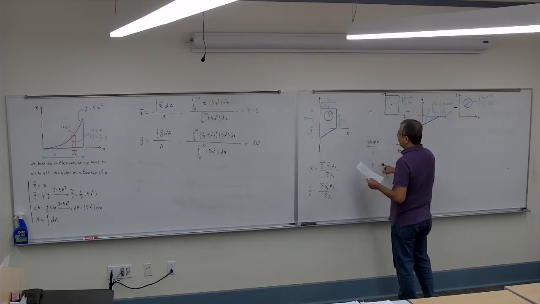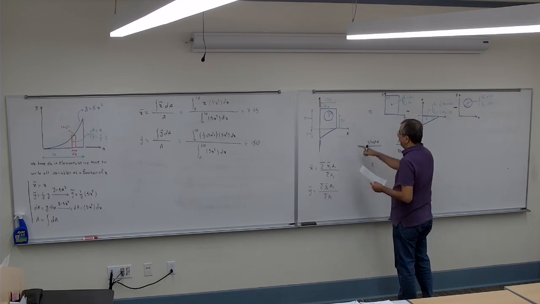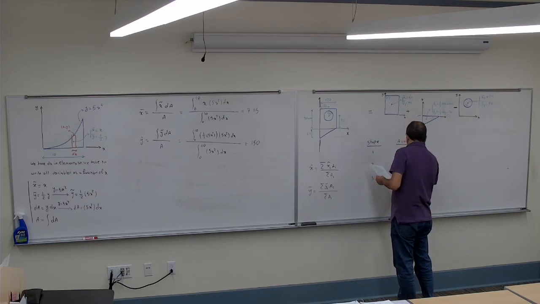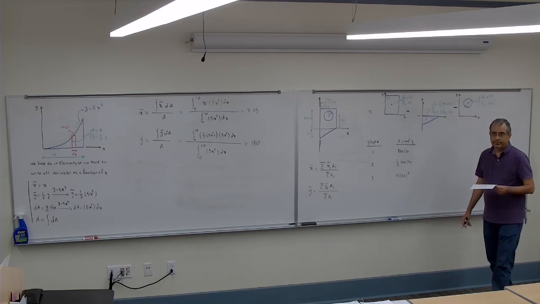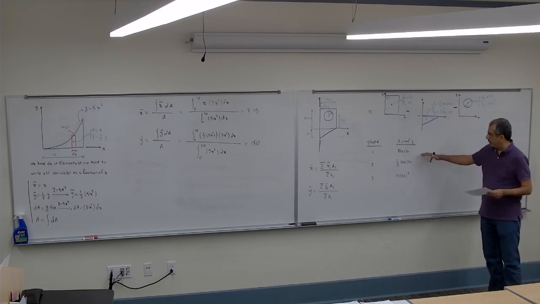For the second one, it's gonna be half of 60 times 120. And for the third one, for the circle, it's gonna be pi times 20 squared. Agree? So A1.